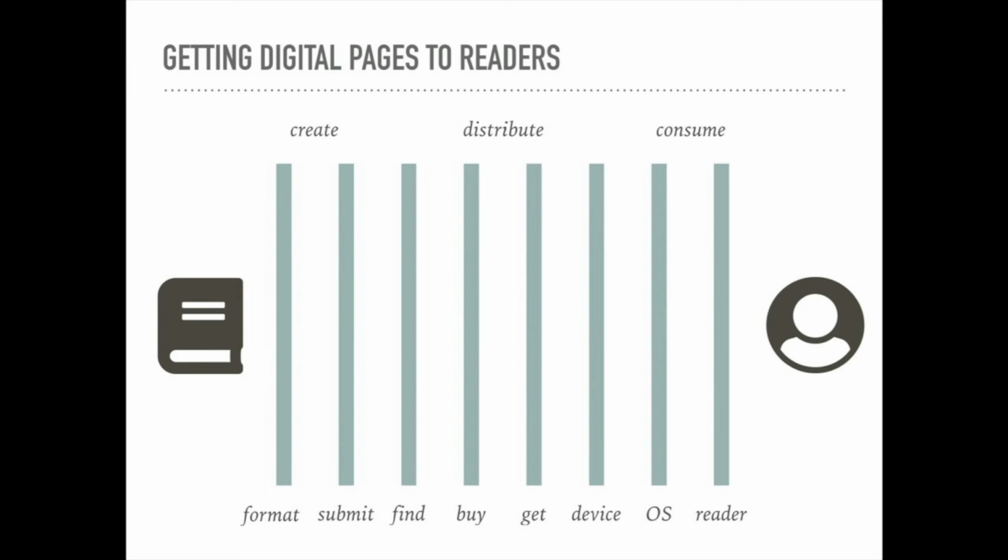So remember this. From earlier, we were talking about the difficulties of getting our publications to our readers. Well, all of the tools I've talked about so far in terms of Hype and InDesign and Greenlight and Circular Flow are all the very first column, that formatting column over on the left.